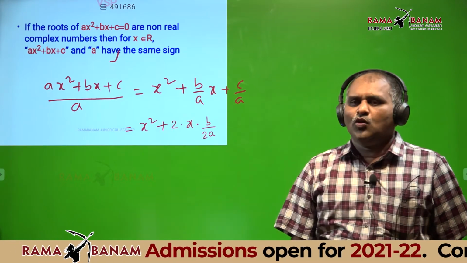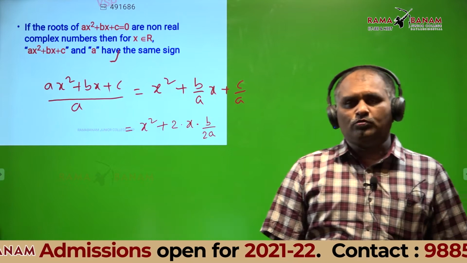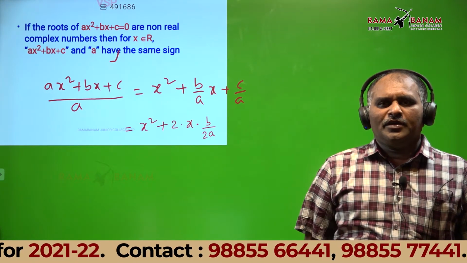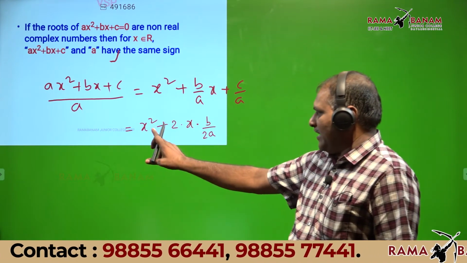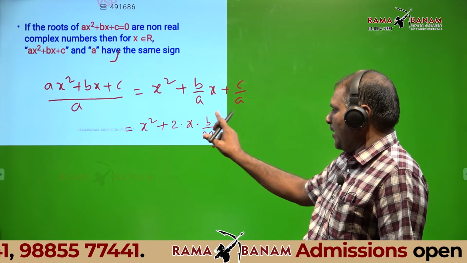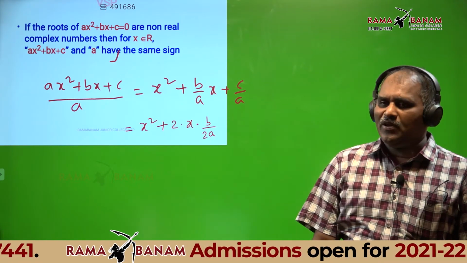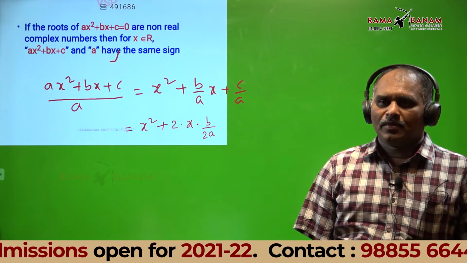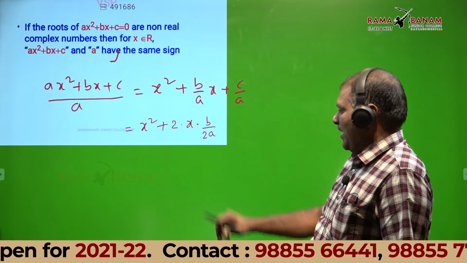This is the form of a square plus 2ab. In this case, what is the b value? Here a square is x square, and this is the 2ab form. What is the b value in this equation? b by 2a.